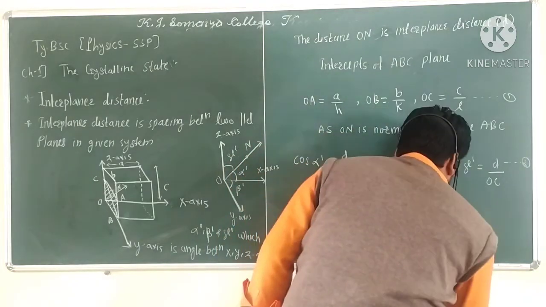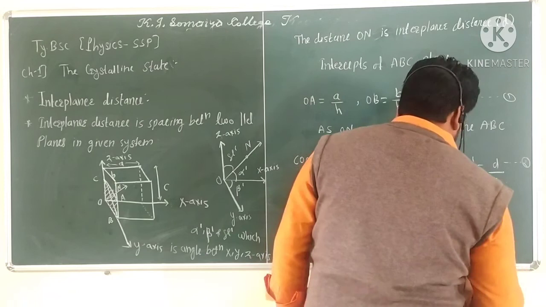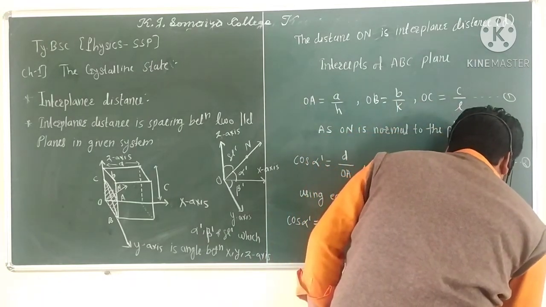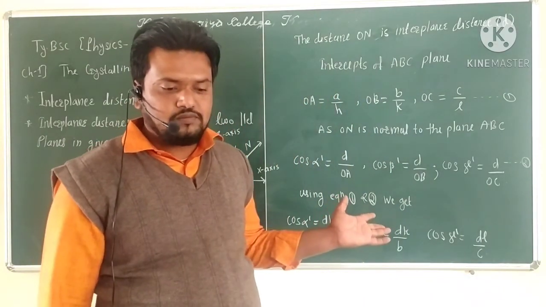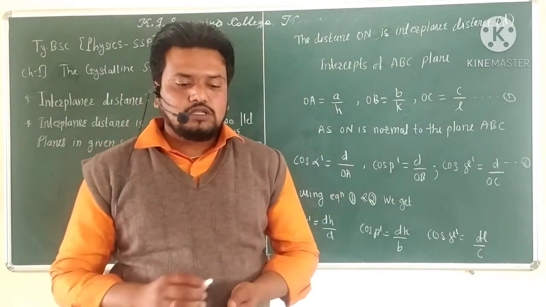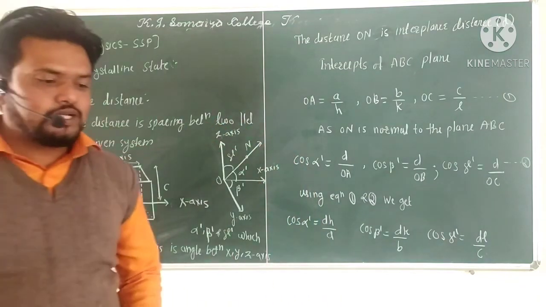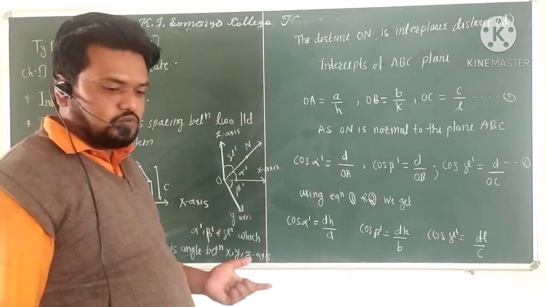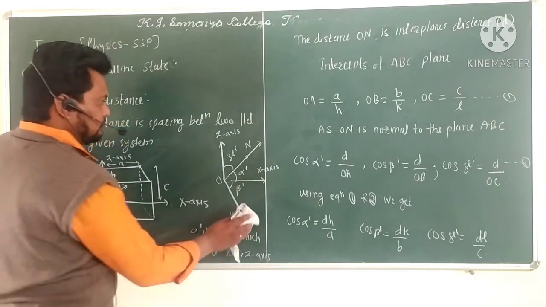And cos gamma prime is dl upon c. So this relation comes, and according to the law of the direction of cosines, we want to square these sides and add them.